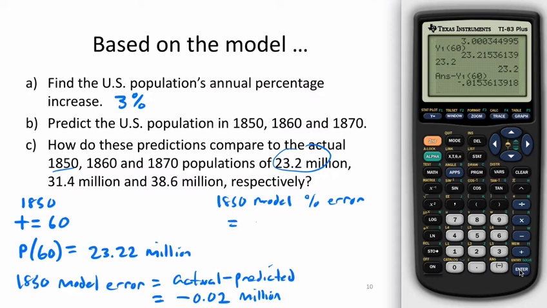So it's equal to the error that we just computed divided by the actual population in 1850 times 100. Let's do that right here. There's the error, the actual minus predicted. Divide that by the actual, which is 23.2, and multiply by 100. That is about negative, I'll just round these to one decimal place, about negative 0.1%.